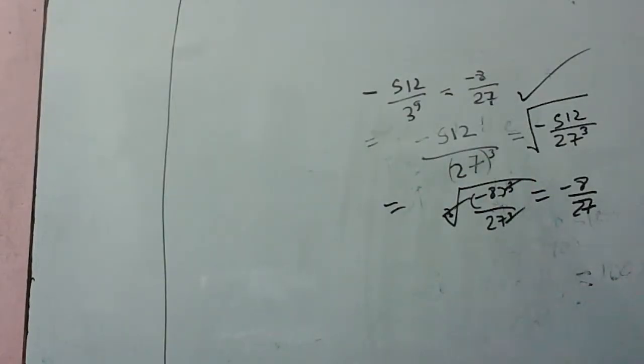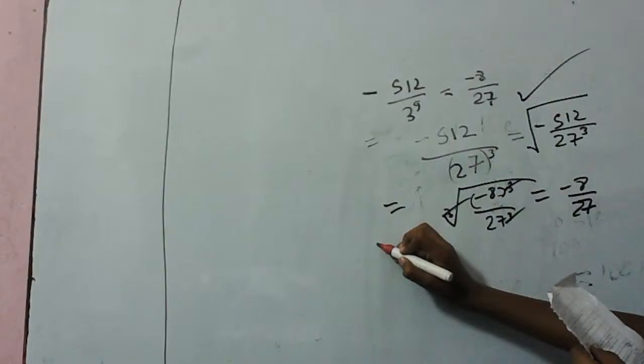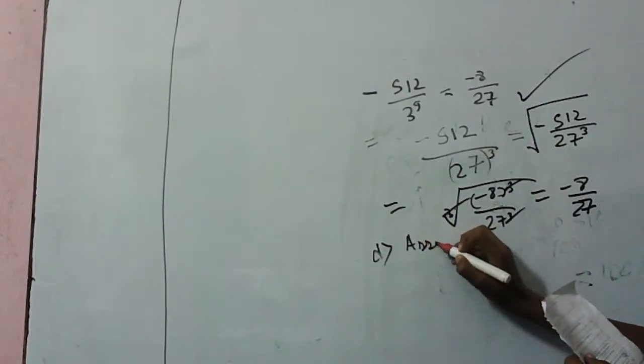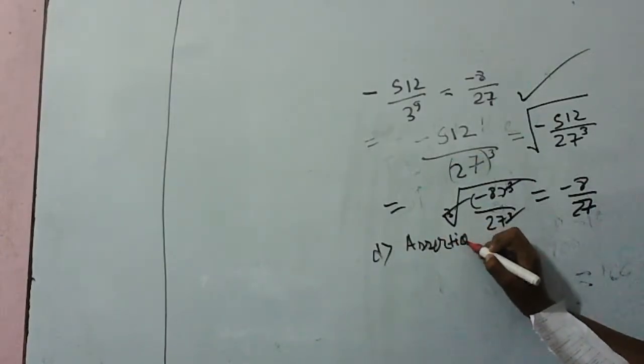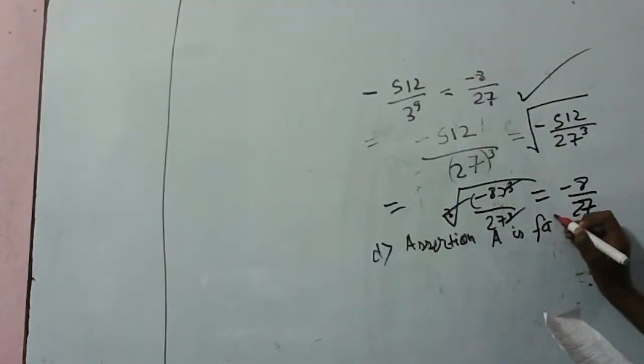Reason: discount percent equals discount by 100, it is true because it is the correct formula of discount percent. So the answer will be D option. Assertion A is false, but reason is true.